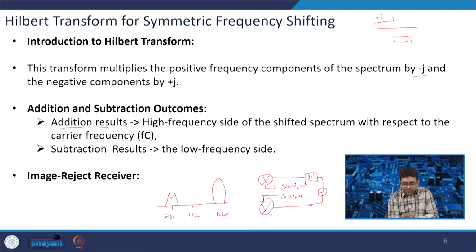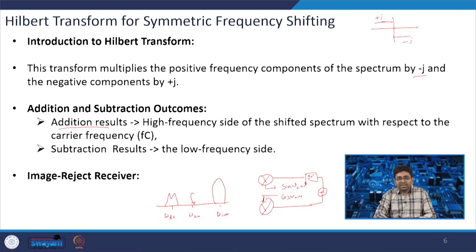This is the image and this is called the lower sideband in this case, and this is the upper sideband, and here the LO injection is high because your LO frequency is higher compared to the RF frequency. There is also low side LO injection, where you consider the upper sideband as the signal and the lower sideband as the image. Based on that, you can tap from anywhere and get both the upper sideband and lower sideband.